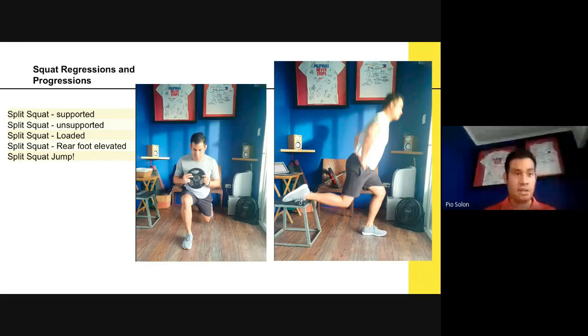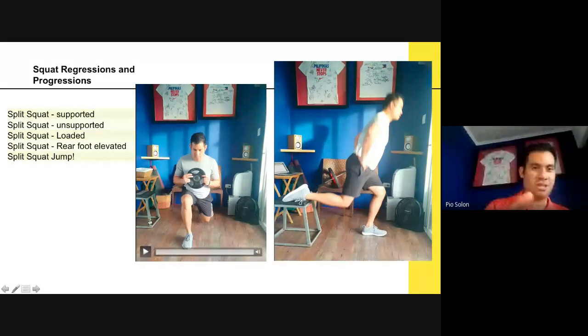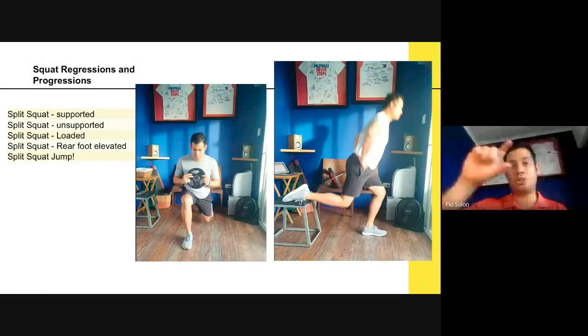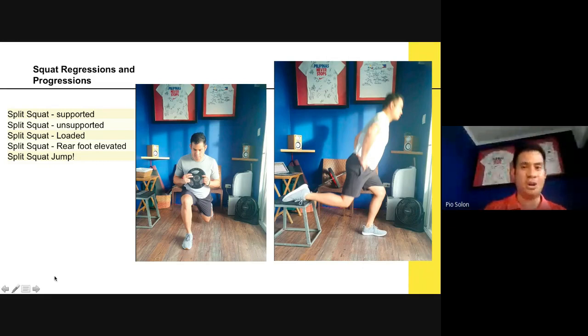The difficulty of the exercise is increased. The stimulation that's required for balance and coordination is also progressed. So this, if your student is already good with a loaded split squat, move on to a rear foot elevated split squat, and maybe you can also load the rear foot elevated split squat.